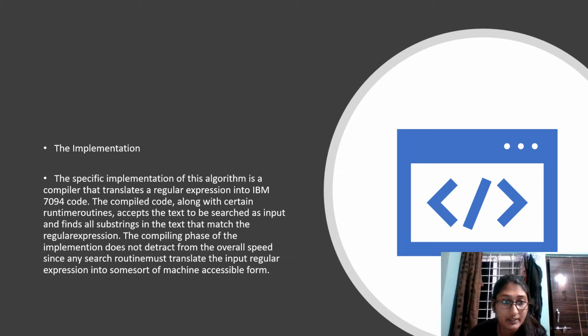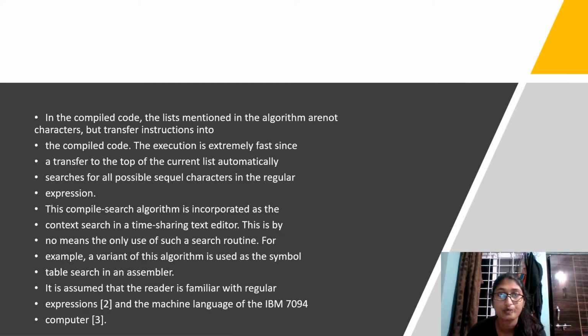The compiling phase of the implementation does not detract from the overall speed, since any search routine must translate the input regular expression into some sort of machine accessible form.